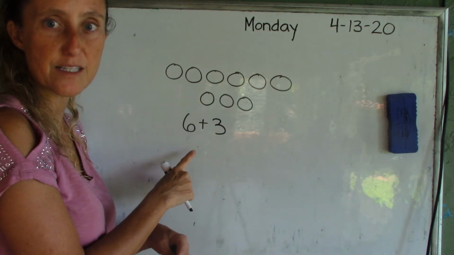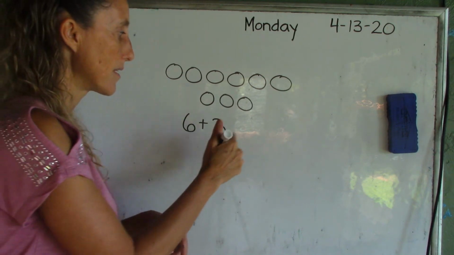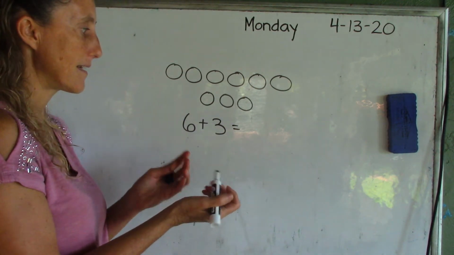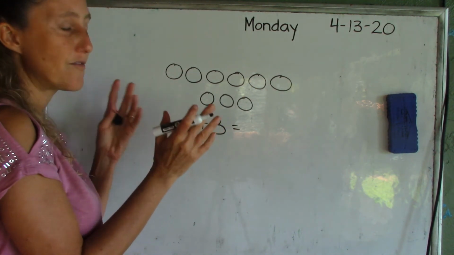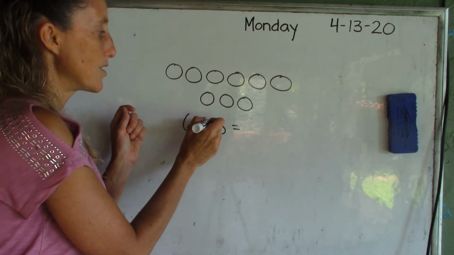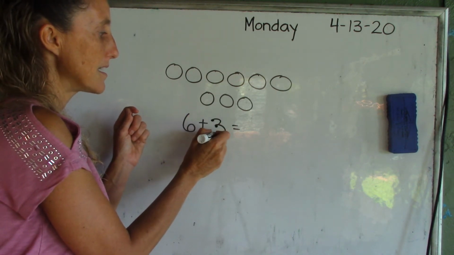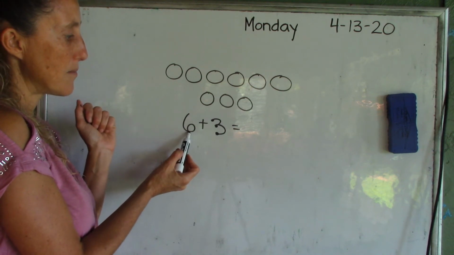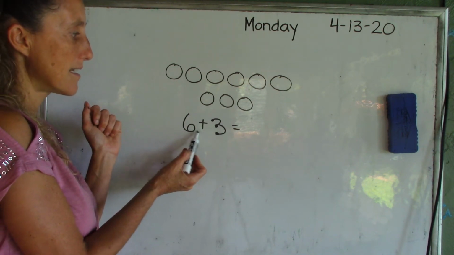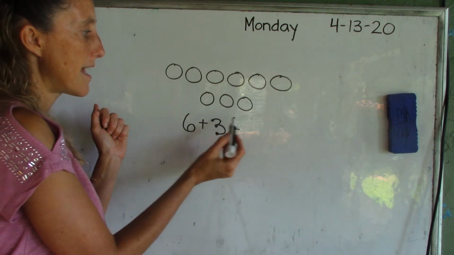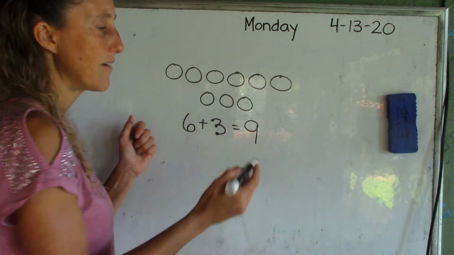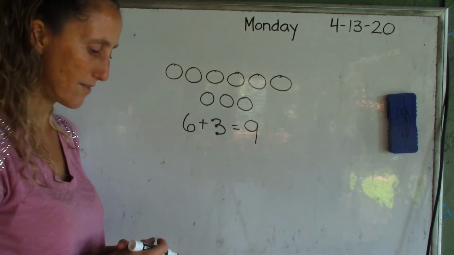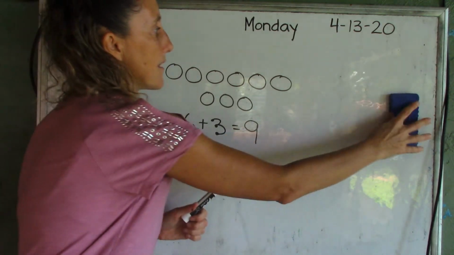That's a plus or an addition problem. And now I have how many? Remember, you can use your fingers if you want, or you can do the touch math that we did. Put 3 dots on the number 3, and we say the bigger number is 6, and count on 6, 7, 8, 9. Now I have 9 pennies. Very good.